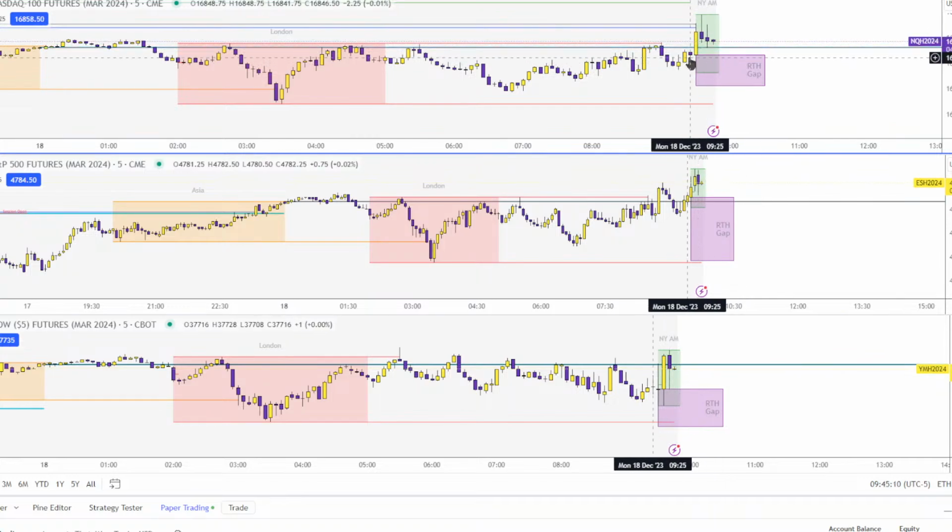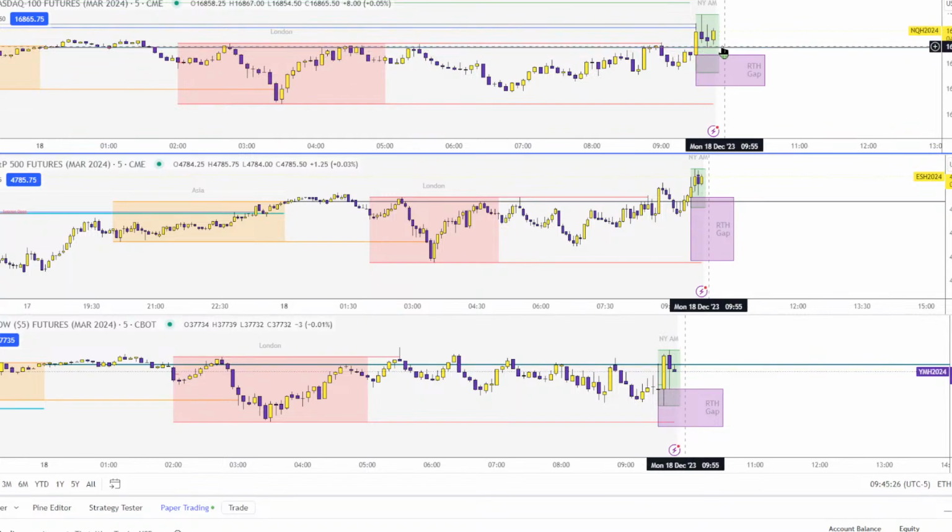If you come at 15, where are we at? We're at the mean threshold of that order block, the consequent encroachment of that BISI there. That may not give you what you're looking for. You're looking for a full close of this?